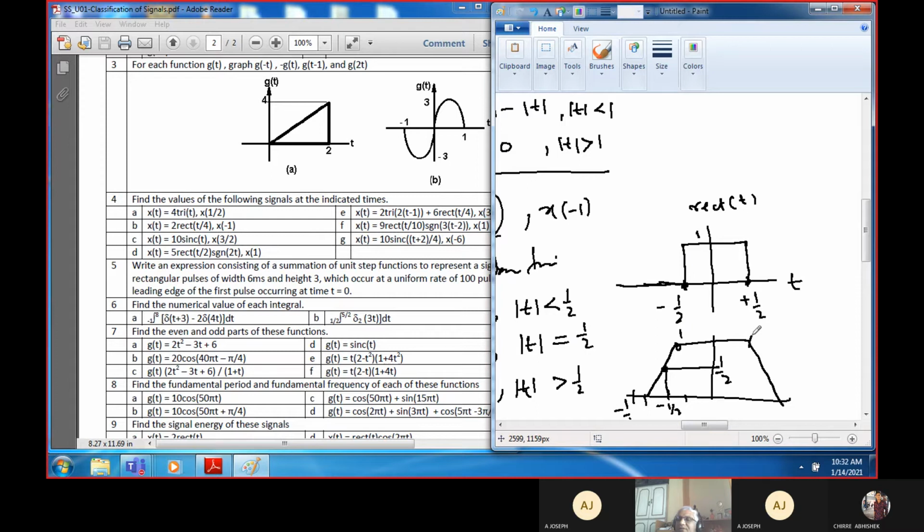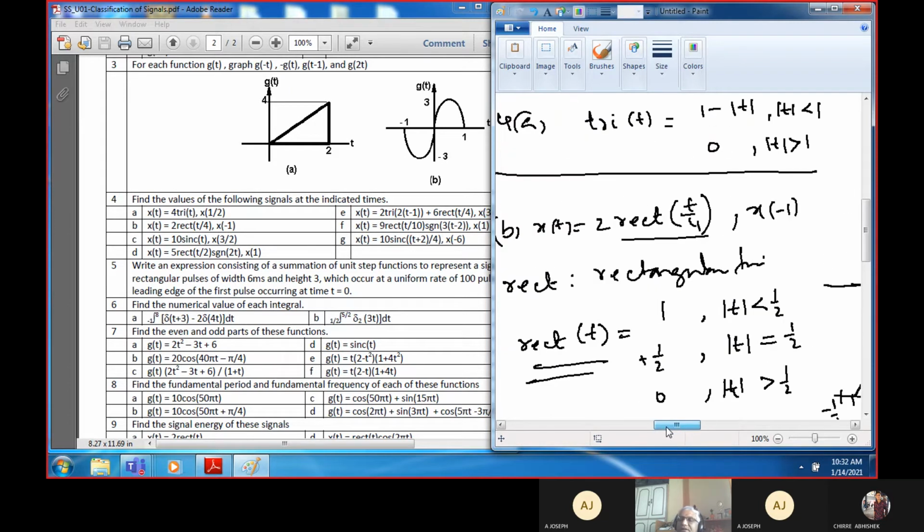So this you have to remember. This is 1, this is 0. Somewhere here it becomes half. Which means it does not suddenly change from 0 to 1 or 1 to 0. It will pass through a point of half, exactly at 1 by 2. So this point you have to remember.